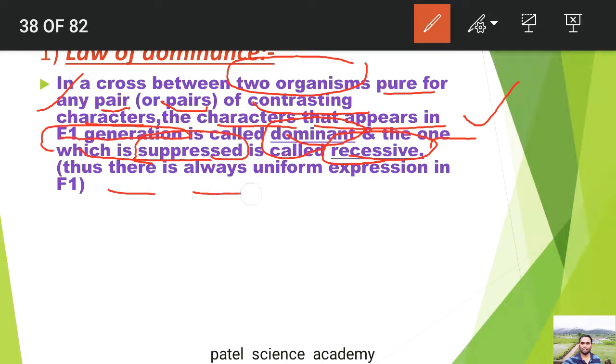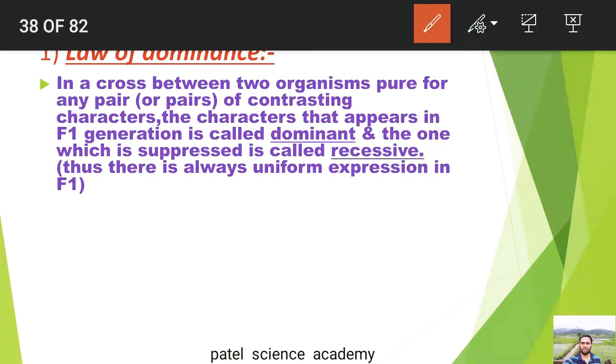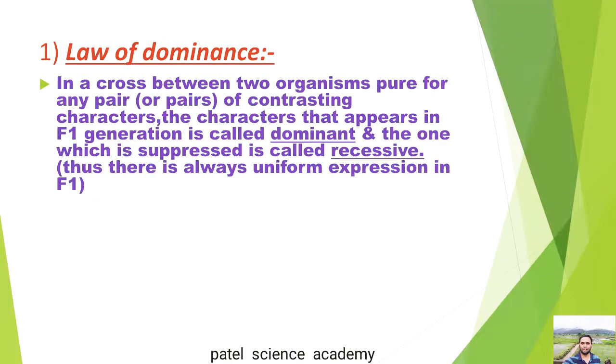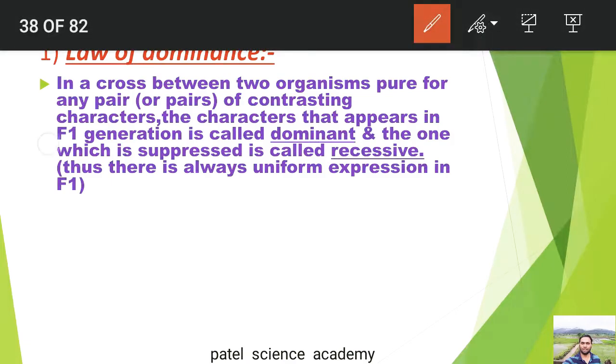So there is always a uniform expression in the F1 generation. Dear students, this is the statement of the law of dominance. If there is a cross between two organisms pure for any one contrasting character, which is different in each of the parents, then in their F1 generation the character which appears is called the dominant character, and the character which is suppressed is called the recessive character.